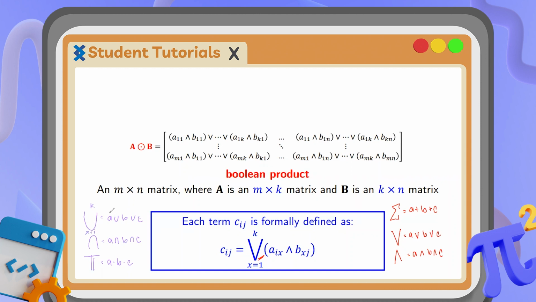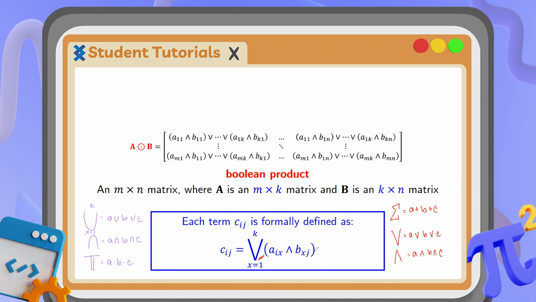Like how you do it in summations, it also has a lower limit and upper limit, and the terms that you will be evaluating within the operation.